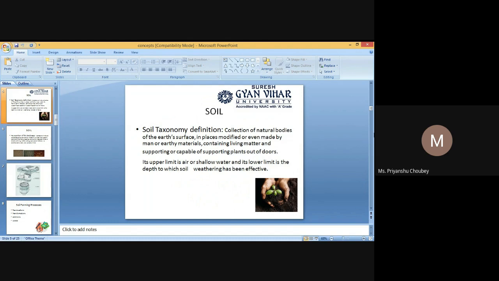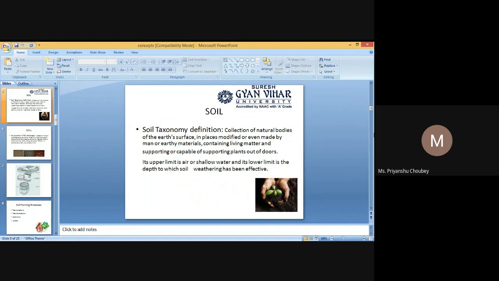In compound structure, natural cleavage planes are visible to the naked eye. The shape of individual peds is described according to relative length of vertical and horizontal axes, and by shape and their edges.